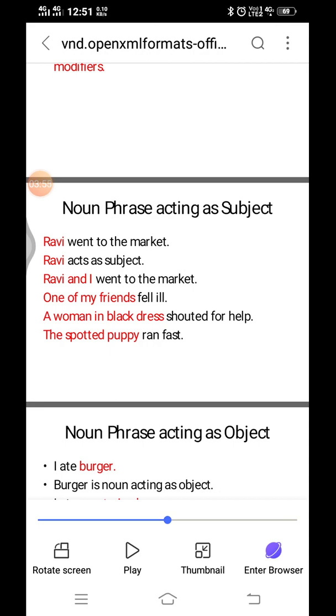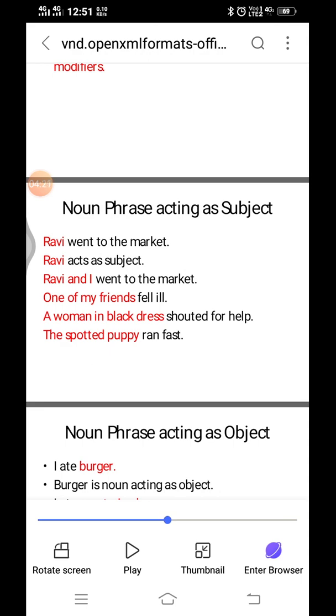Now we are going to look out for a noun phrase, and a noun phrase is a group of words. Like if you can see in the example, Ravi and I went to the market. Now, Ravi and I are words which are coming before the verb went. So, Ravi and I is acting as a subject. So, this is a noun phrase acting as subject.